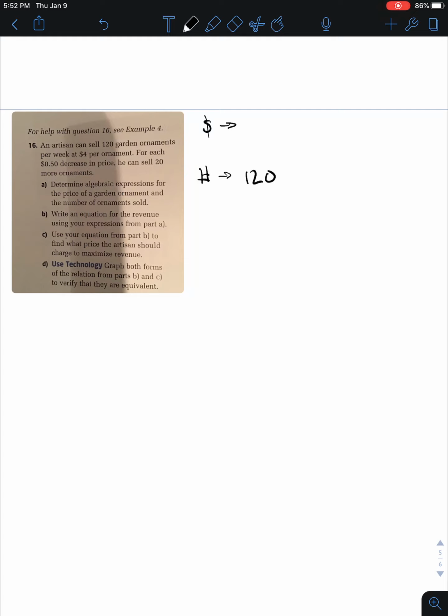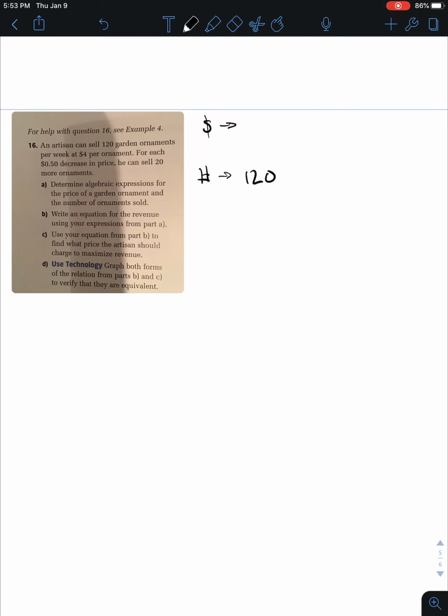This is in order to make more money, ultimately, because if you sell more, you're probably going to make more money to a certain extent. Obviously you're not going to make any money if he sells these things for 10 cents. But there's a balance here, and that's what the vertex is. It's the optimal value, the number of something you can sell at a certain price to maximize the amount of money you're going to make.